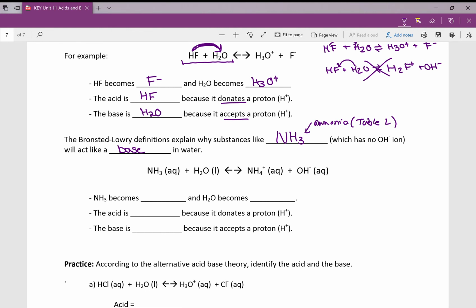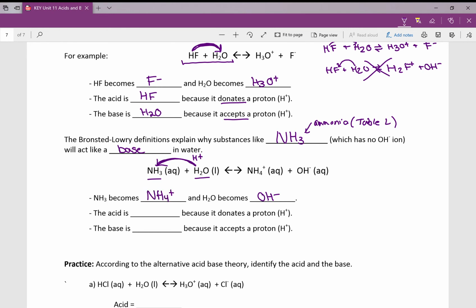When NH3 reacts with H2O, again, look at what they have to become on the right-hand side. Which way is it going to move? Is it going to move from NH3 to water? Well, those don't match up with what would happen; I would have H3O plus over here. Or does it move from H2O to NH3? That makes sense, because if I take an H plus away from H2O, H2O is going to become OH minus, and if I transfer it to NH3, NH3 is going to gain an H plus, so it will become NH4 plus.